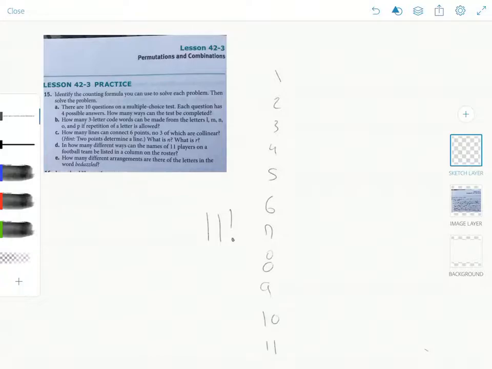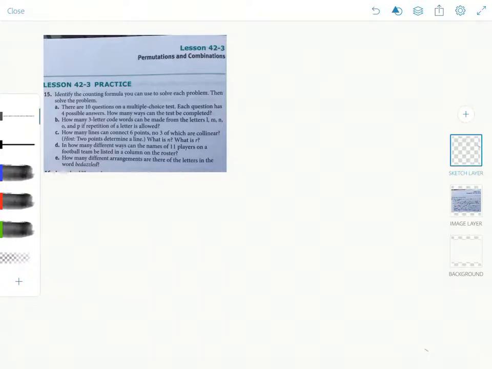So in the first spot, there's 11 possible names that can go here. But then once we put somebody in the first spot, there's now only 10 possible names that can go in the second spot. Now we've removed 2, so in the third spot, there's only 9 possible names. So the number of different ways we could order them should be 11 times 10 times 9 times 8, or 11 factorial.